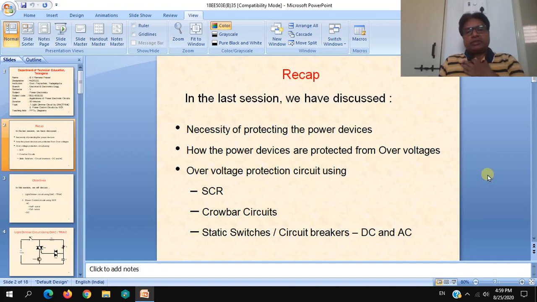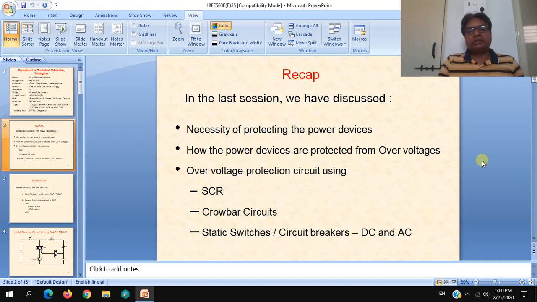And the other aspects of power electronic devices we discussed were the replacement of conventional electrical circuit breakers by using power electronic circuit breakers, that is static switches or static circuit breakers, again which were designed for operation under DC as well as AC circuits.